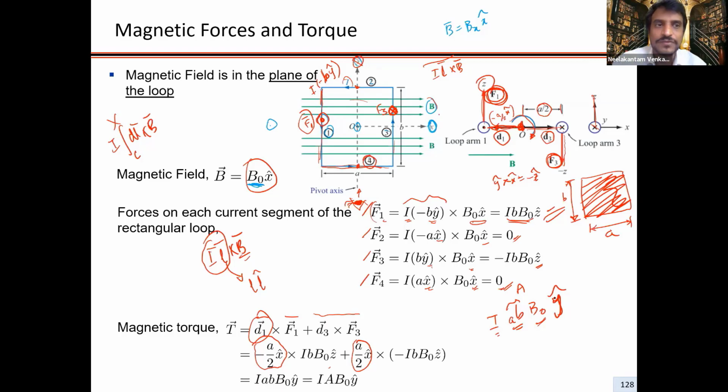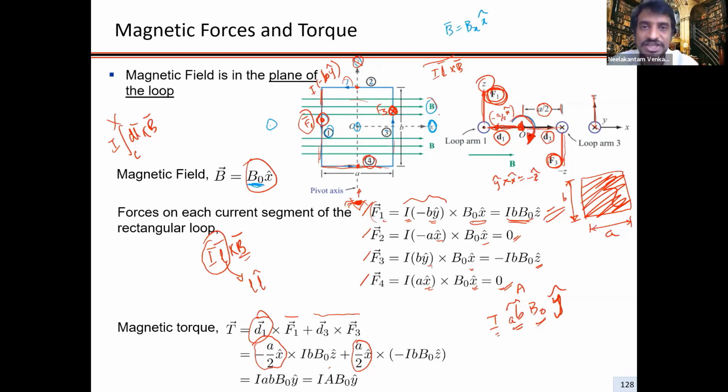What do you mean by direction of torque? If you have an object that is rotating, orient the fingers of your right hand in the direction of rotation. Your thumb gives the direction of torque. So in this case, you know that this is going to rotate in the clockwise direction.